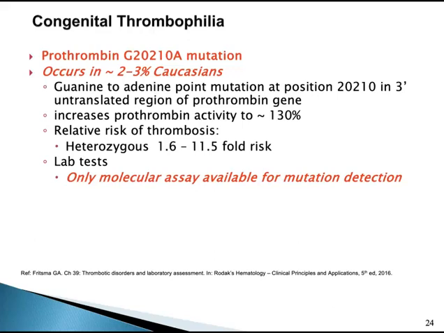This increases the prothrombin activity to about 130%. Remember, what is the normal function of prothrombin? There is a relative risk of thrombosis, with heterozygous being 1.6 to 11.5 fold risk of thrombosis. The only way to determine this kind of genetic mutation is by doing molecular assays, looking for this particular G20210A mutation.